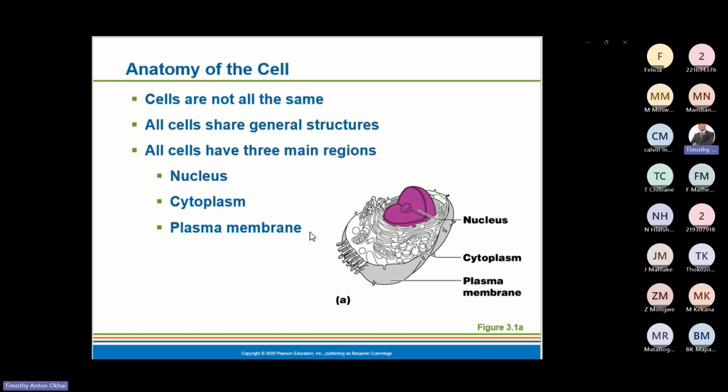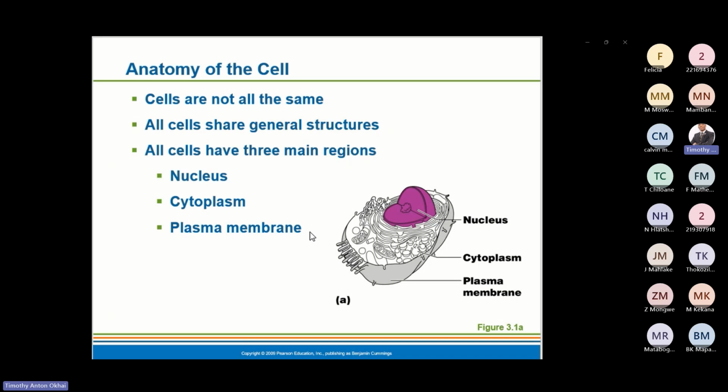So we're generalizing here to say this is what a typical cell looks like, and these are the typical types of organelles that cells should contain. So let's look at the structural anatomy of a generalized cell.